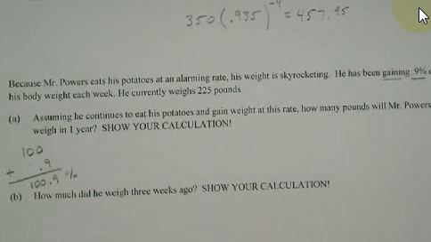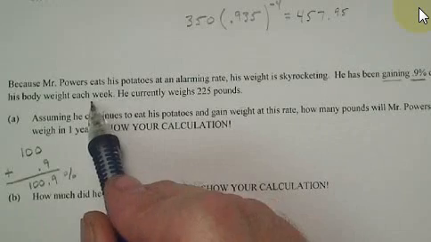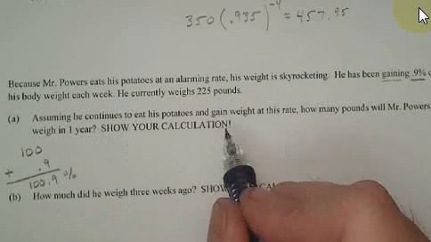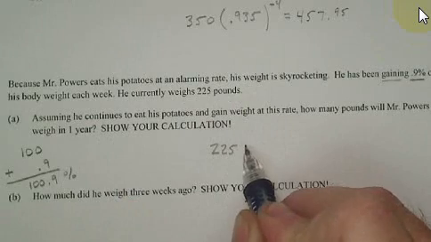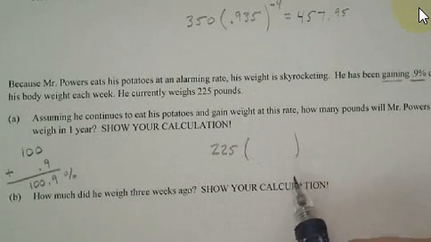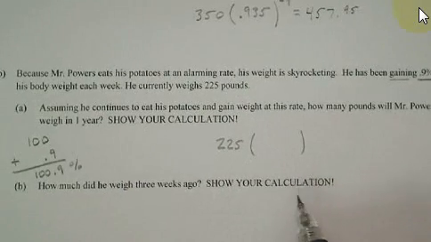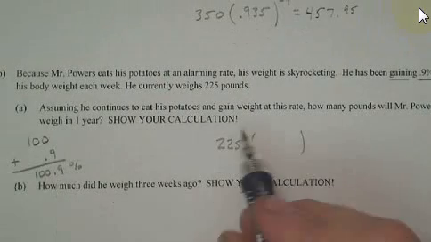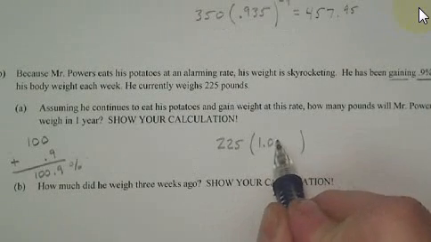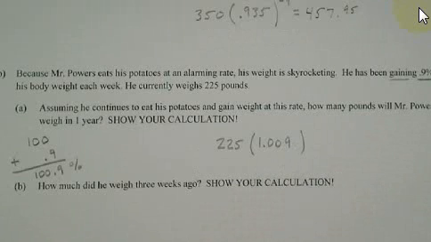That's his weight at the end of each week. Now he currently weighs 225 pounds, so we're going to grab that 225 and start our equation with it, the initial value. Our multiplier is going to go inside those parentheses. Remember, this is a percent, so we got to move that decimal 2 places. 1.009 is going to go inside our parentheses.